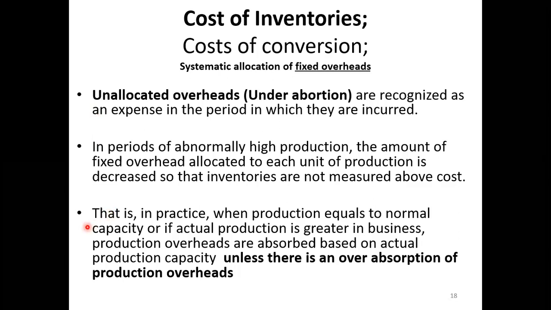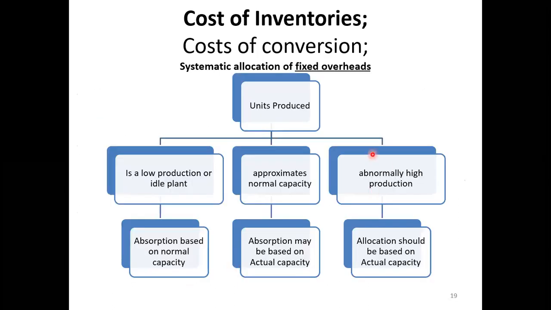That is the practice. When production equals normal capacity, or if actual production is greater than normal, production overheads are absorbed based on the actual production, so that there is no over absorption of production overheads. Here it's very simple.